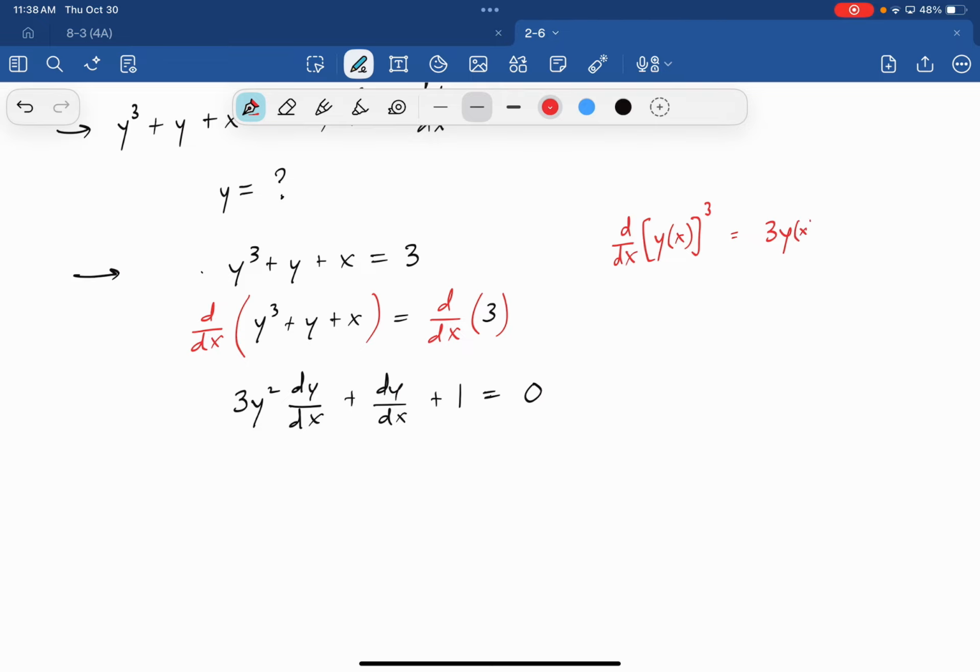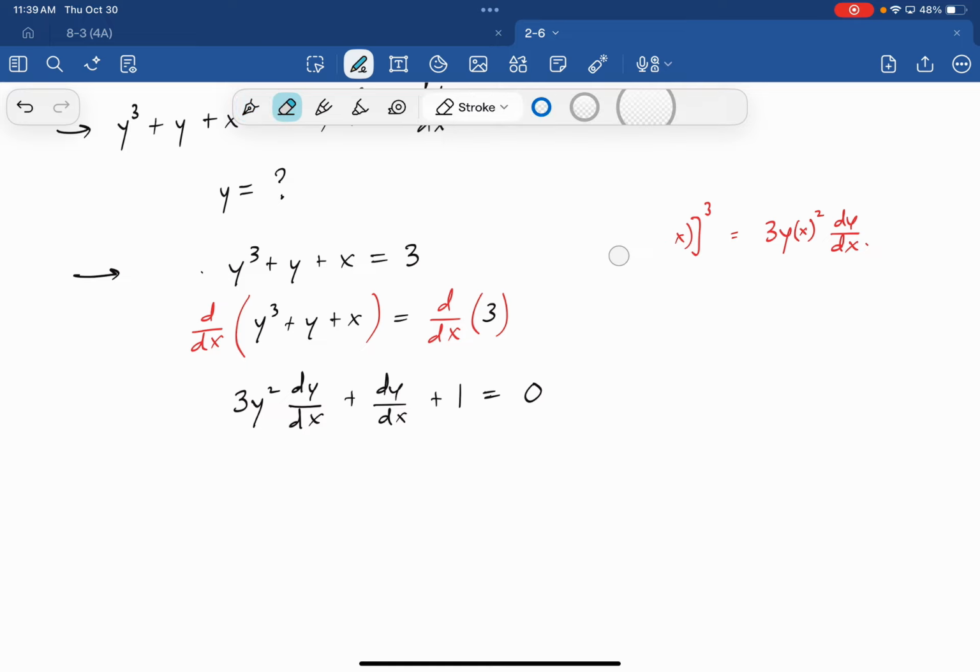Not a multiplication, but a function. So 3 y of x squared, because we're taking the derivative of the outside while leaving the inside the same, right? So the y of x doesn't change. 3y squared, and then we multiply it by the derivative of the inside, which is dy dx. Okay, so that's how we get that.